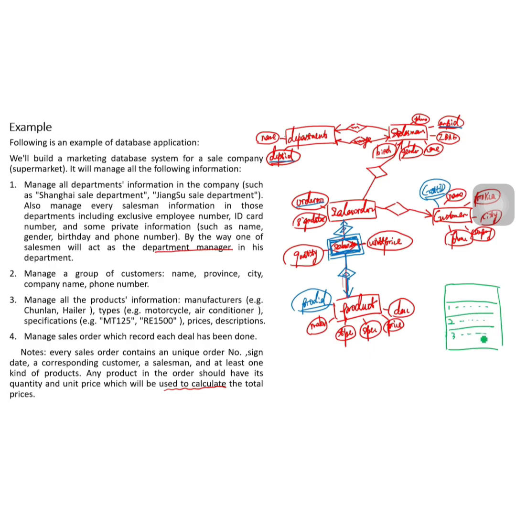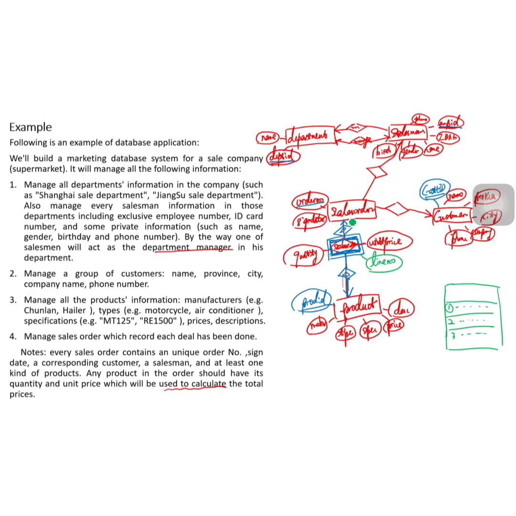So we can add another attribute to identify it, the line number. If we add line number, line number can be a part of the primary key.